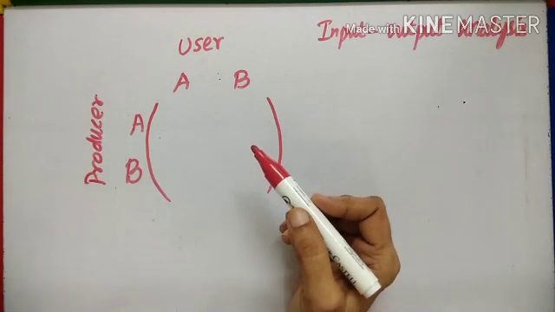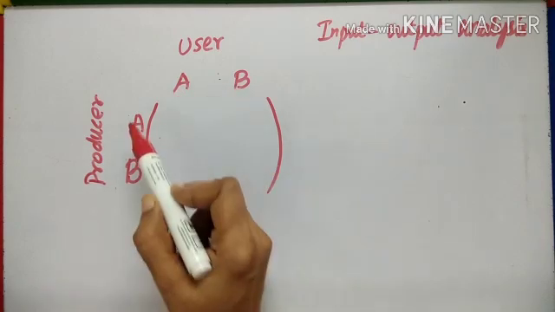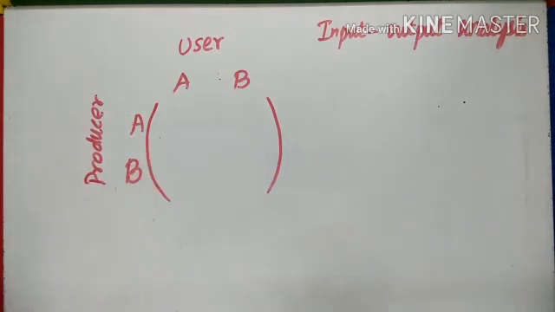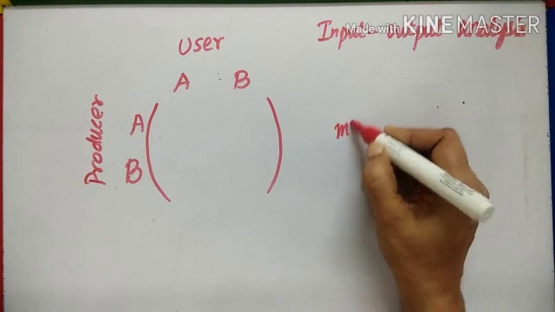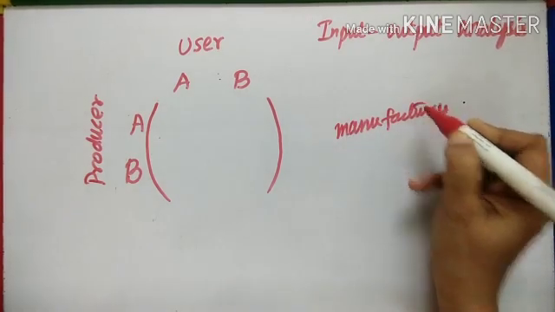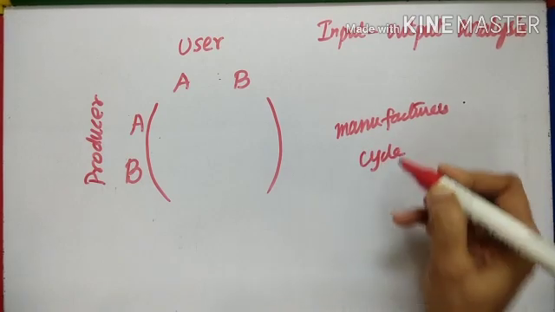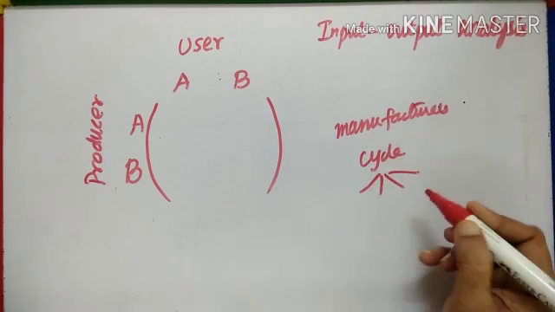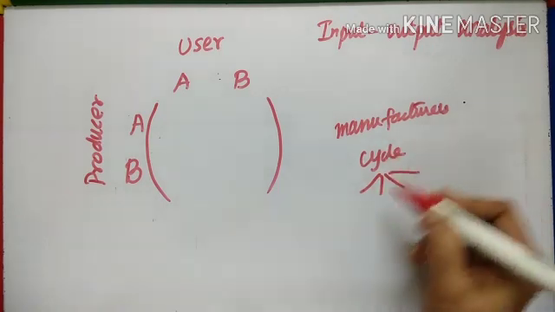Let us consider two industries in the market. For example, let me say manufacturers of cycle. Does a cycle just jump out from a machine? No. Many parts of it have to be fixed in to produce a cycle.